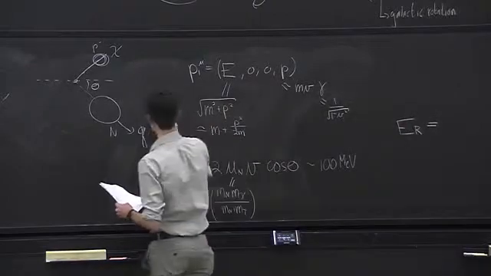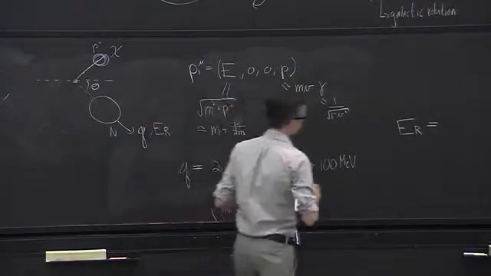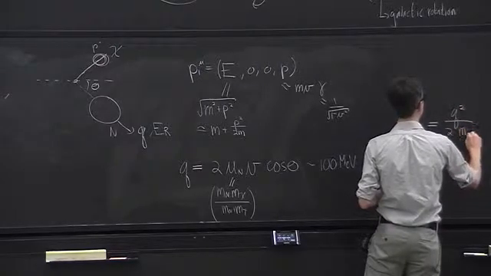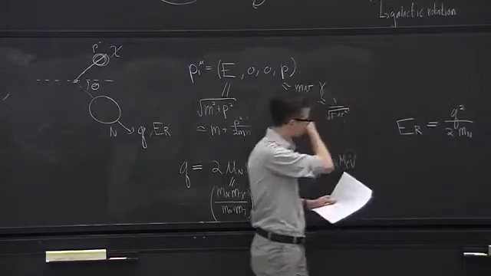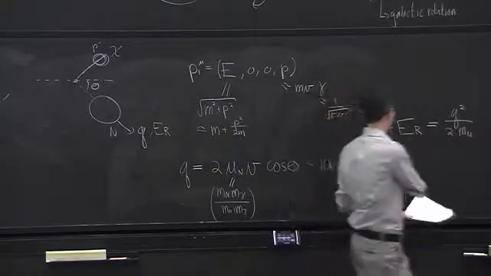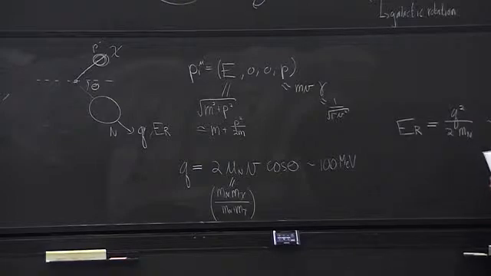So it has momentum q and a recoil energy E_R. E_R, of course, is just q squared over 2m_n. And if I plug in this estimate, this turns out to be about 100 keV. Again, for a nuclear mass of about 100 GeV.